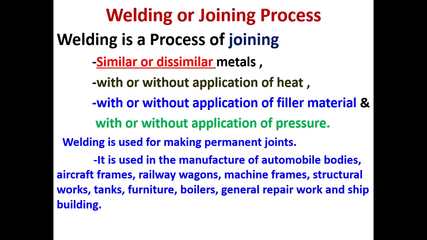Okay. So welding is a material joining process in which two similar or dissimilar metals are joined with or without application of heat, with or without application of filler material, and with or without application of pressure.